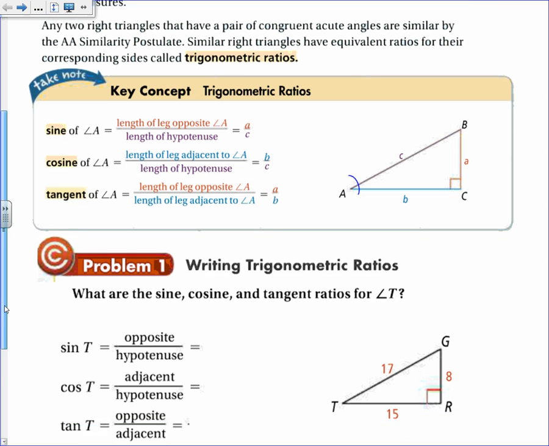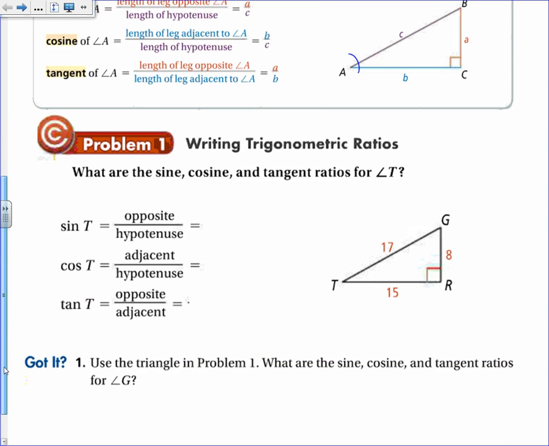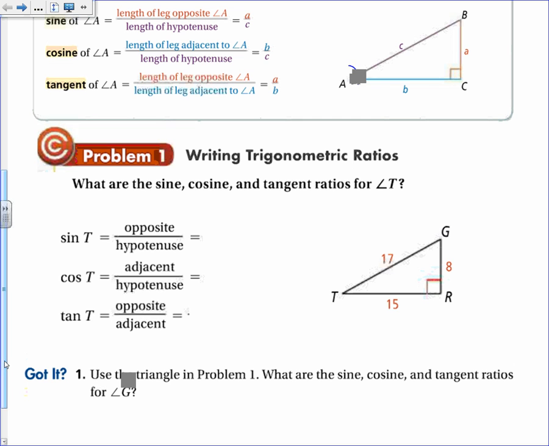So let's look at a different triangle with some actual values and see if we can fill those in. If we look at the sine of angle T, the length of the leg opposite to T is 8, and the hypotenuse is 17. So we end up with 8 over 17.